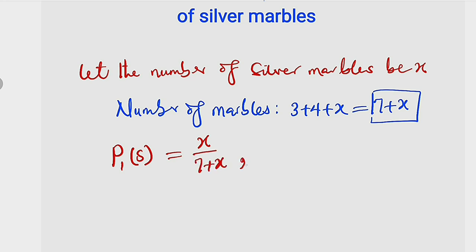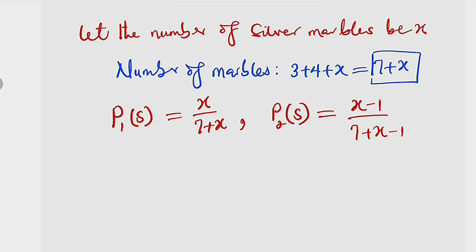Remember, without replacement. So we expect the sample space to reduce by 1, as well as the number of silver. So in the second draw, the number of silver will reduce by 1, and the sample space will also reduce by 1. So we have 7 plus x minus 1 as well. So this will be x minus 1 divided by 6 plus x.